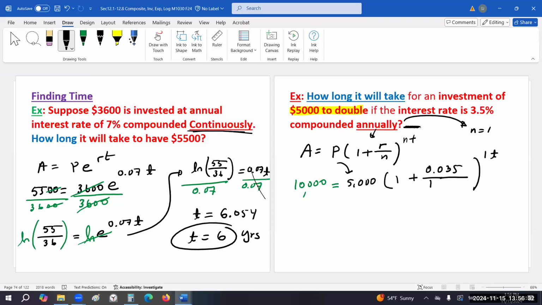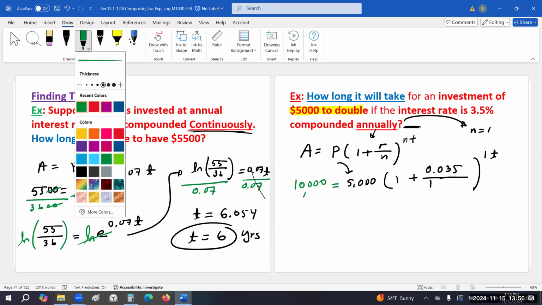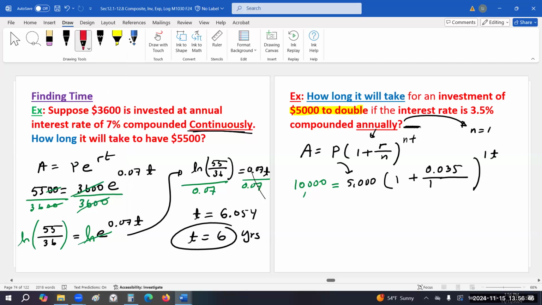Is it the same problem we want to use? But again, we cannot use it unless we have base and power alone. We can divide by 5,000.